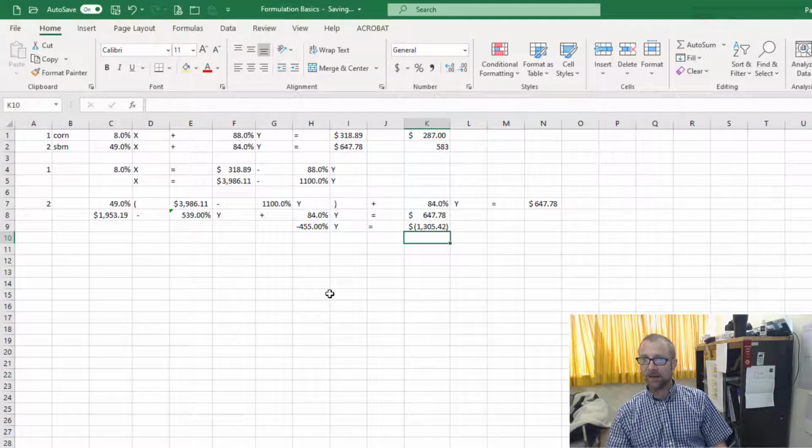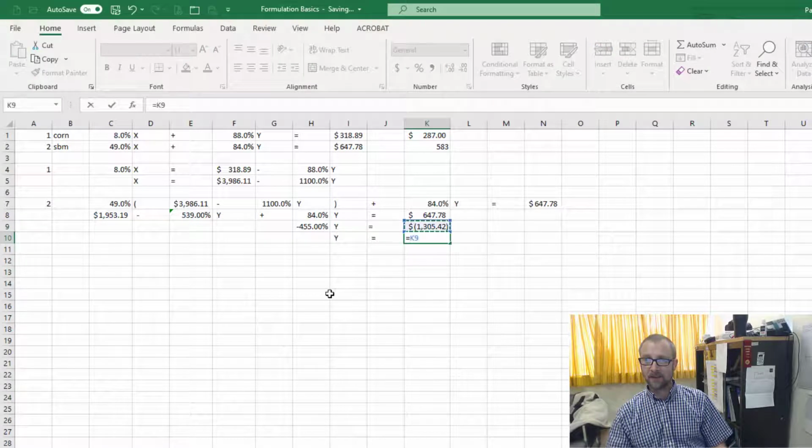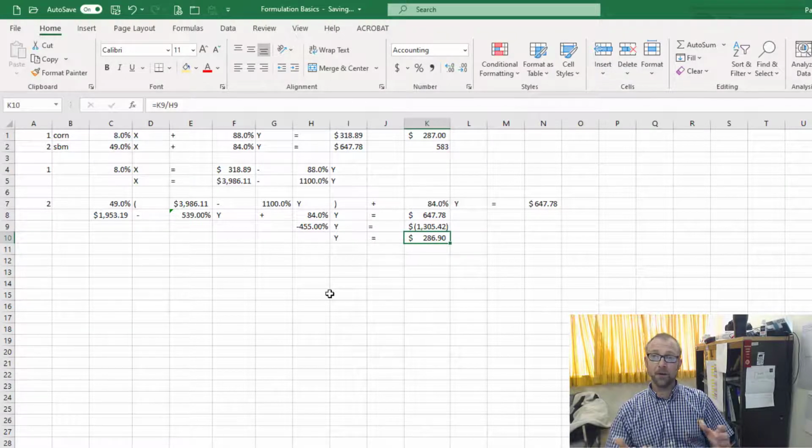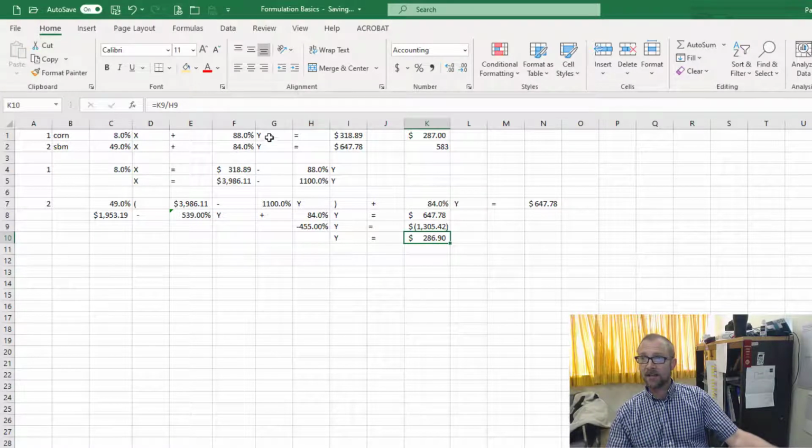And so I get negative $1,305. Because they're both negatives, don't worry about that. That will come out here. So I go y equals, and now I'm going to take this number and divide it by this number here, and I get y equals $286.90.